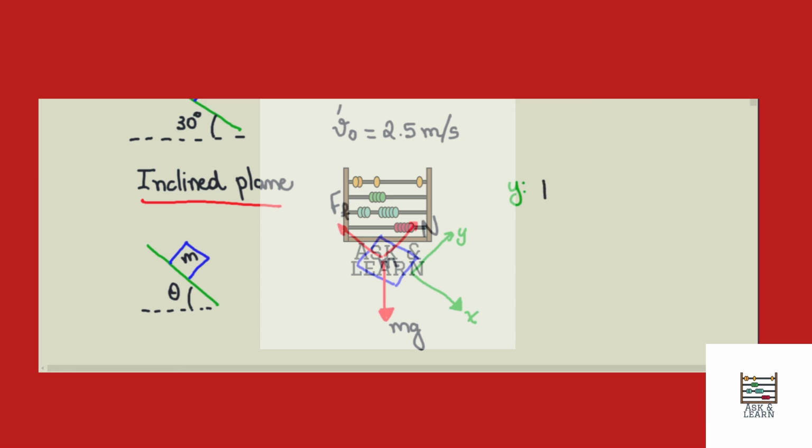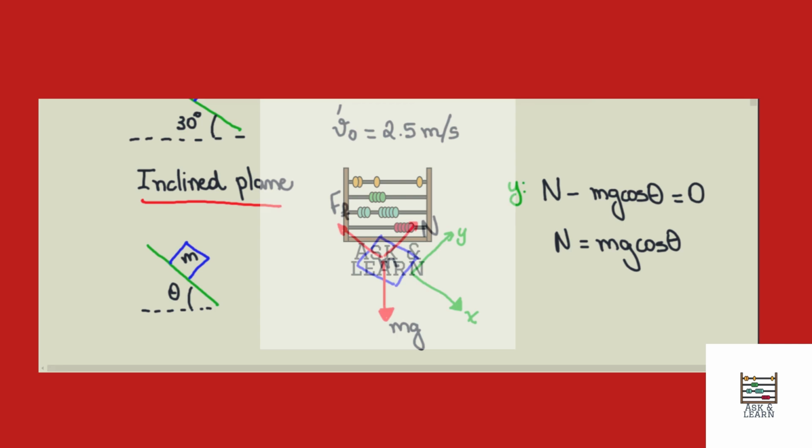We have the normal force minus the gravity component along the y direction, which is mg cosine theta. And since the block is not moving, this is equal to 0, which means that the normal is equal to mg cosine theta. And actually, when I said that the block is not moving, it's that it's not moving in the y direction.